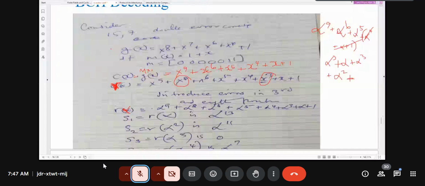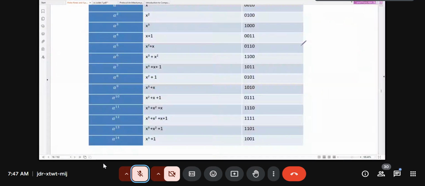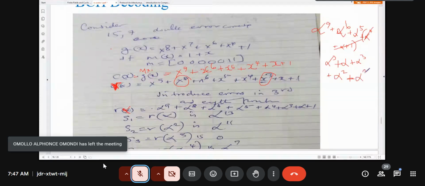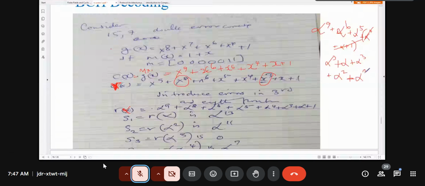I hope you are all following. Alpha to the 5 is alpha to the power of 2 plus alpha. And remember we are in GF2, whatever the coefficients are, they are 0 and 1.